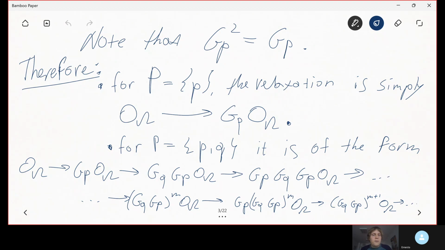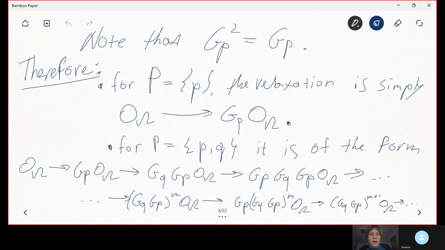And there are a few things to tell about this. First of all, we know that GP is an idempotent operator. So imagine you already did this relaxation after adding a point and then remove the point. Then if you add the point, there is no need to relax. You remove the point, nothing happened. So that's why morally this GP is idempotent.